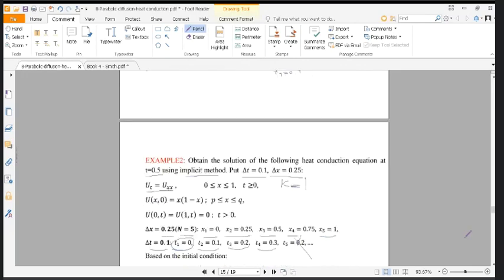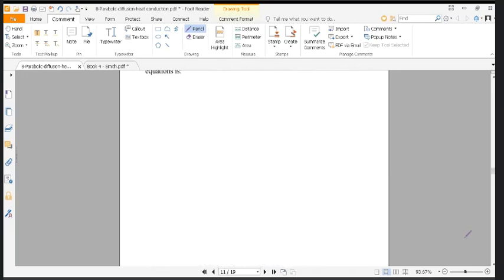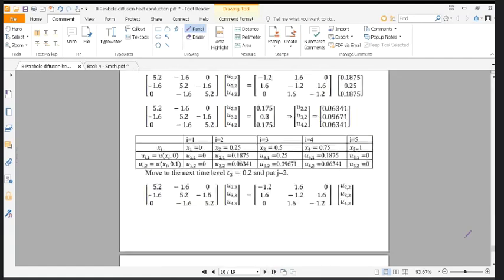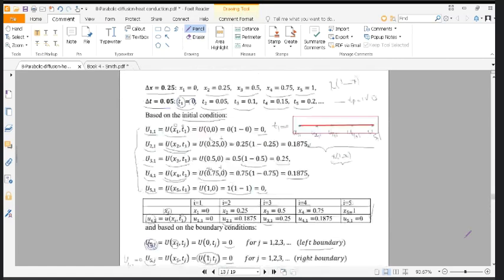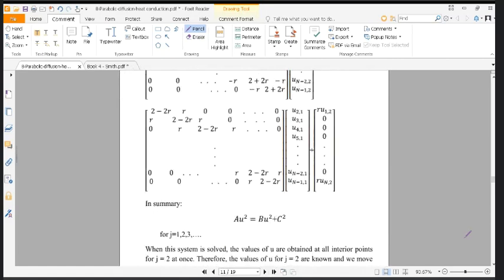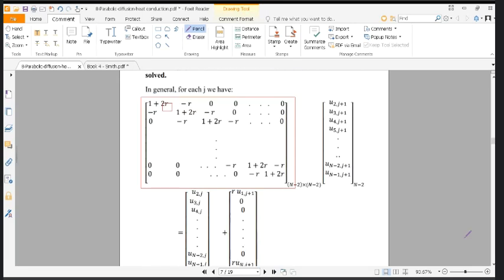If you are careful with the indexes of the matrix, please let me go to the implicit method. Please pay attention.